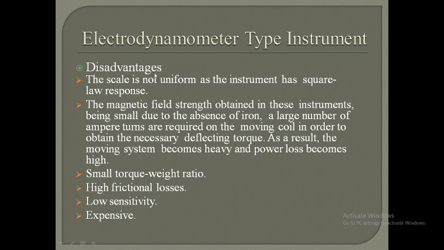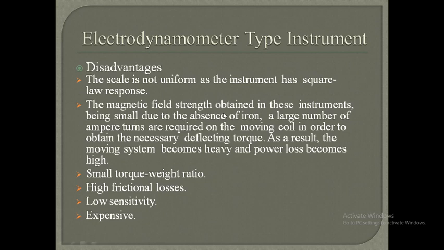Now what are the disadvantages? The scale is not uniform, as the instrument has square law response. So when we do the calibration, it can be problematic because we are not getting the values equally spaced there. Generally, calibration is easier for those instruments which follow a linear characteristic, that means the output follows the input.